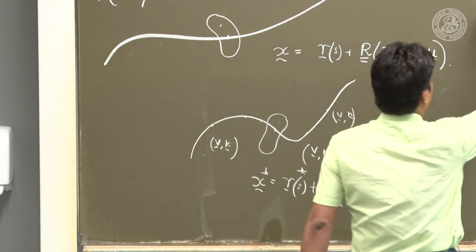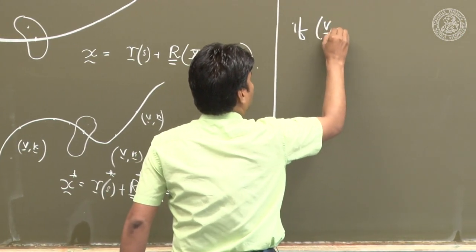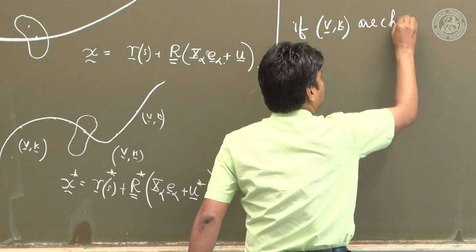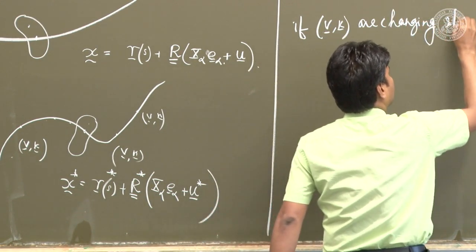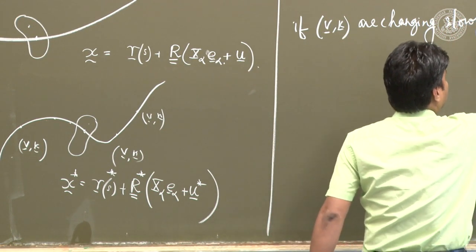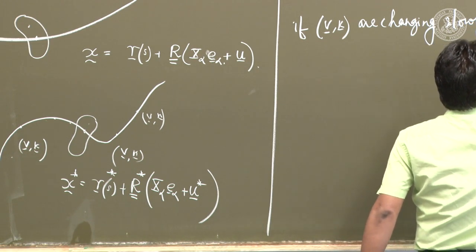So, if v and k are changing slowly, then u will be very close to u star.